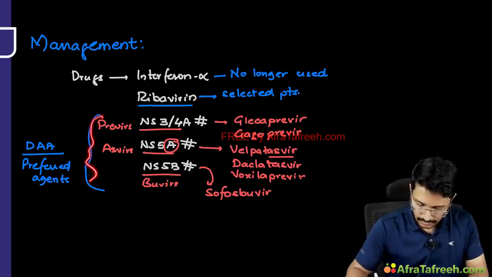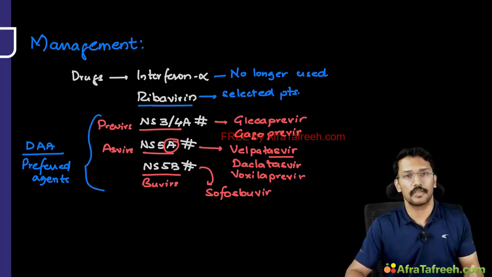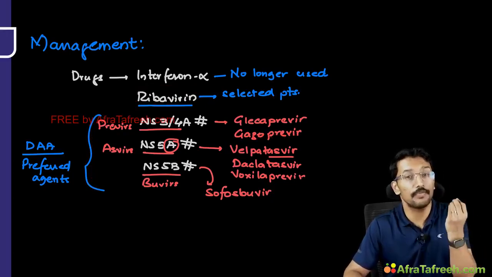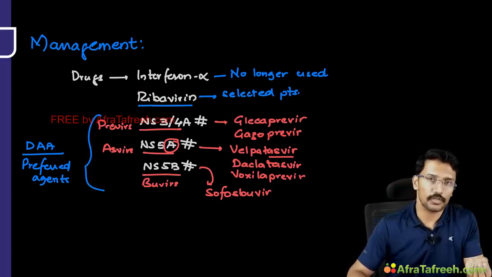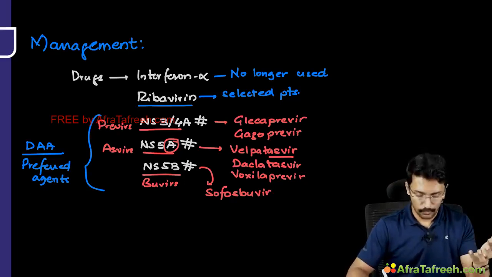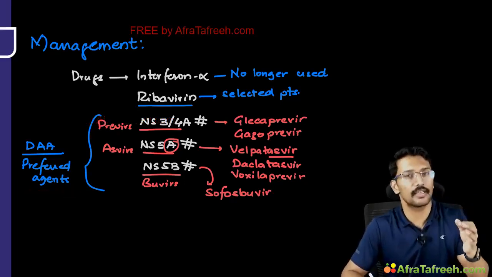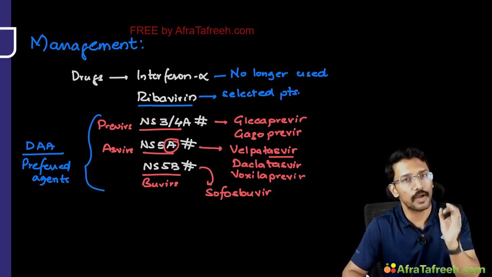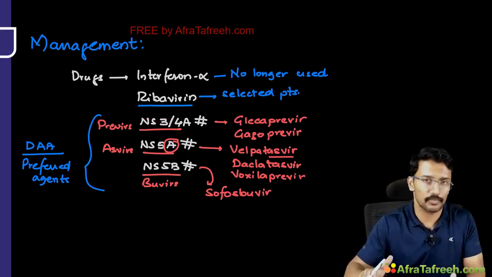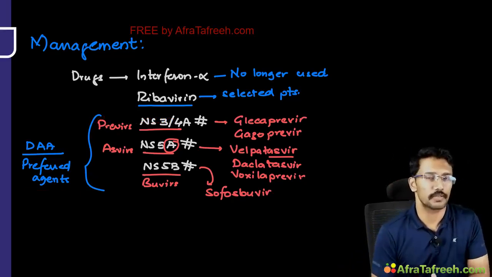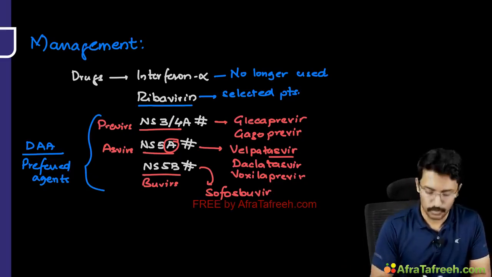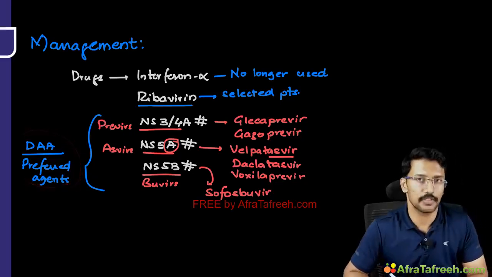But all these direct acting antivirals are like wonder drugs, right? With this, we will be able to achieve cure, right? Virological clearance and seroconversion with direct acting antivirals, and there is a need for only finite duration of treatment, right? The maximum that we need to do is 12 weeks, not more than that, right? So that is why these are preferred agents.